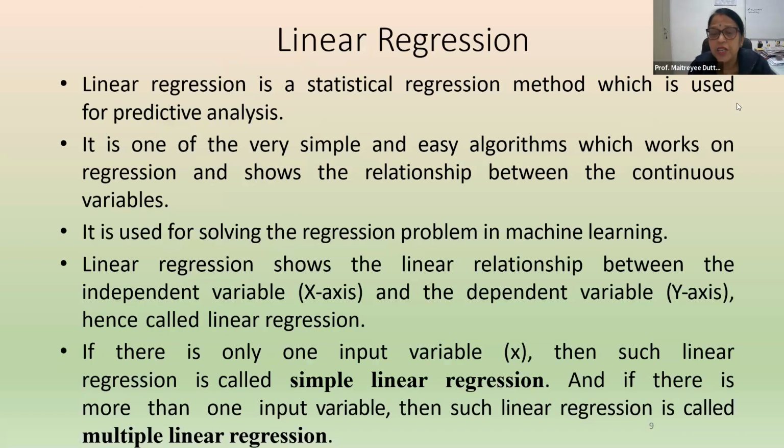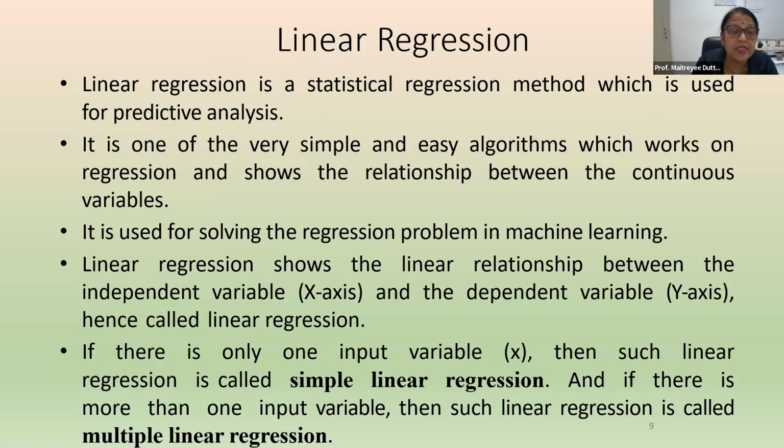So linear regression, if you want to see, linear regression is a statistical regression method which is used for predictive analysis, right? And when we say linear, it means a linear relationship, that is, a straight line relationship.